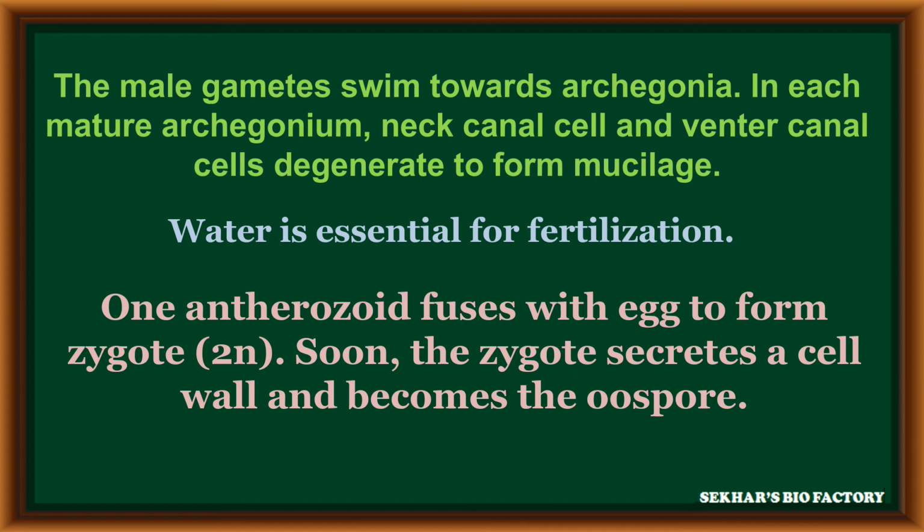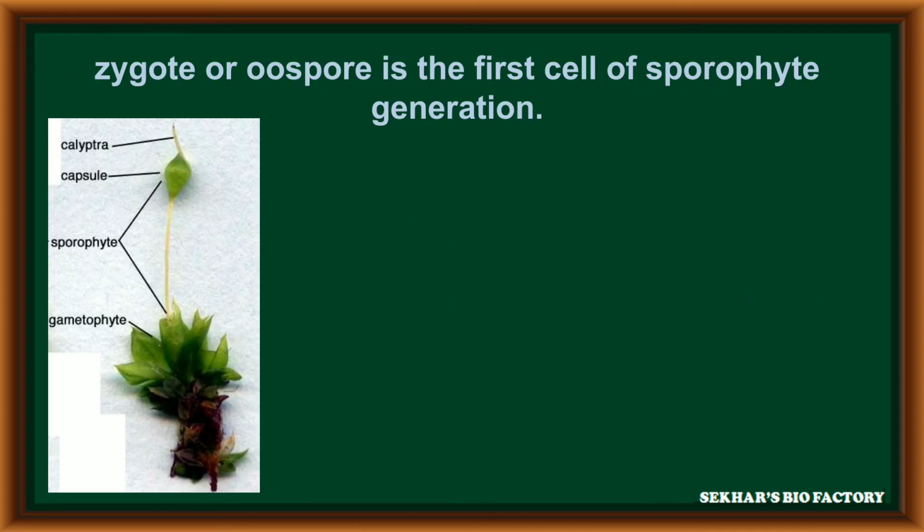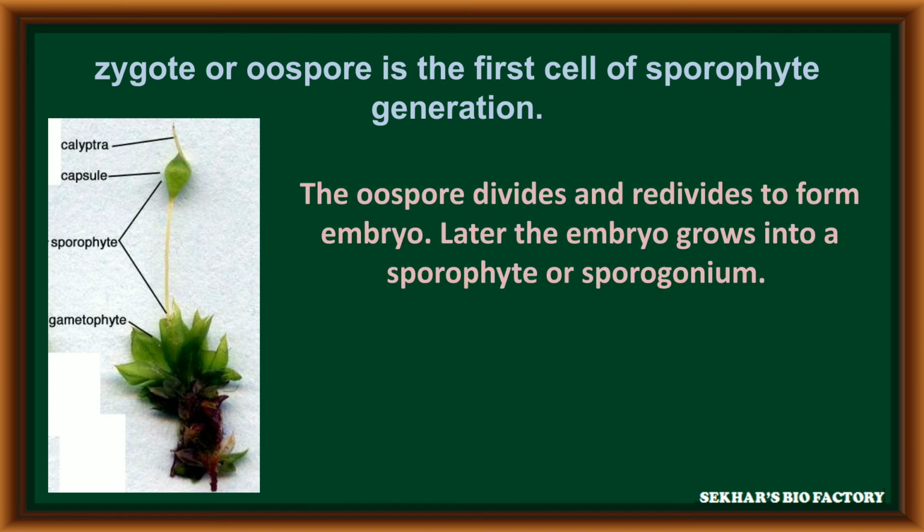The zygote secretes a cell wall and becomes an oospore. The zygote or oospore is the first cell for the development of the sporophytic generation. The oospore divides and redivides to form an embryo.